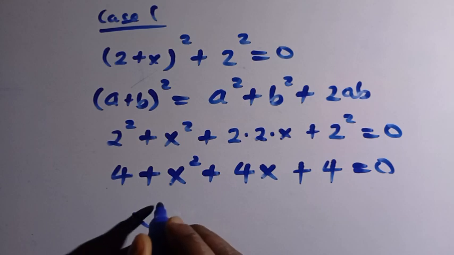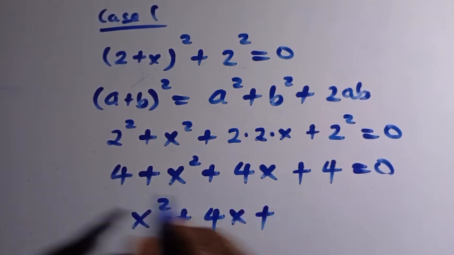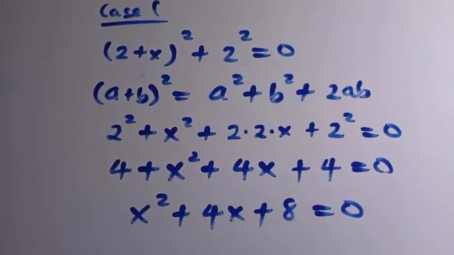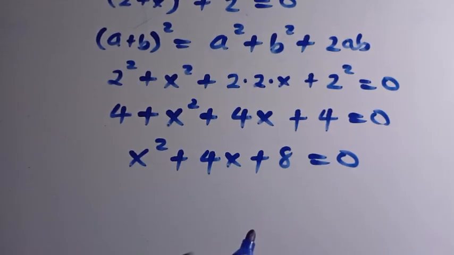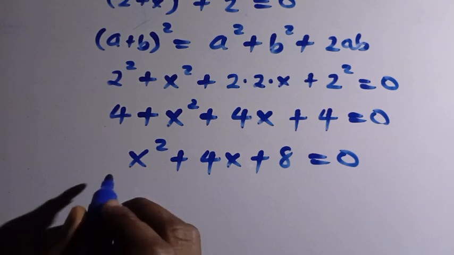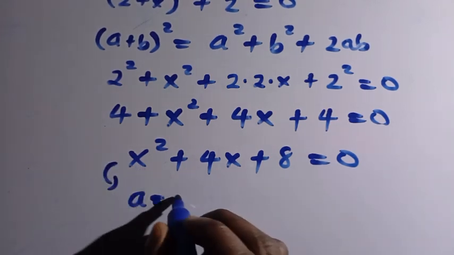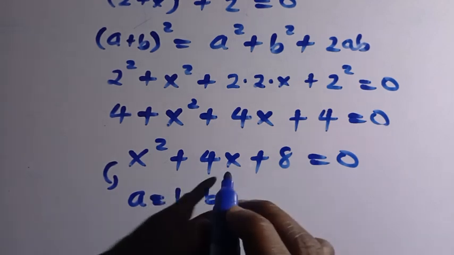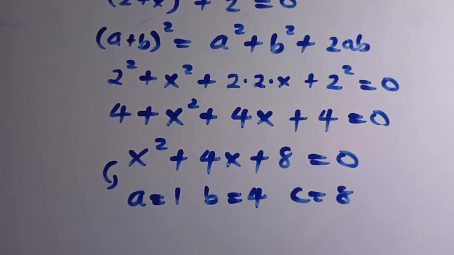So with this we have x squared plus 4x plus 4 plus 4, that is 8, equals 0. So we have a quadratic equation, which requires 2 answers. From here we consider the parameters: the coefficient of x squared, which is a, is 1, the coefficient of x, which is b, is 4, and the constant value here is 8.